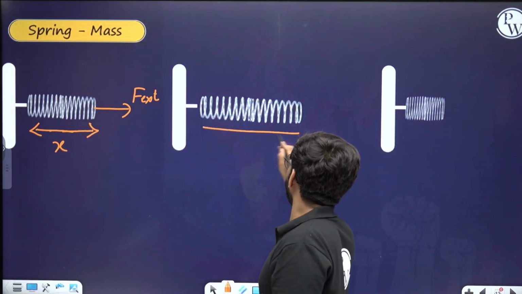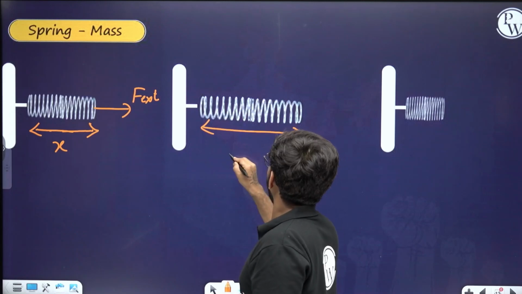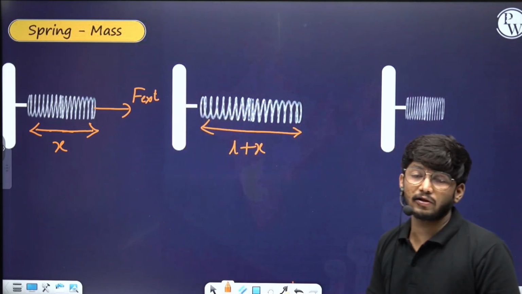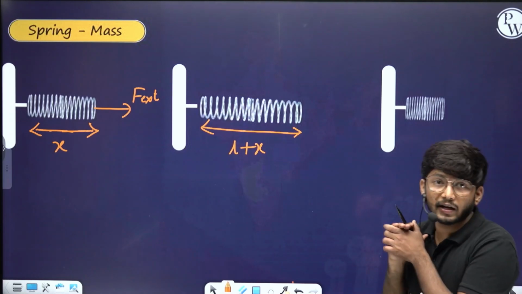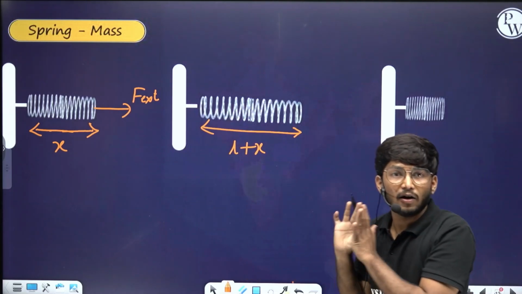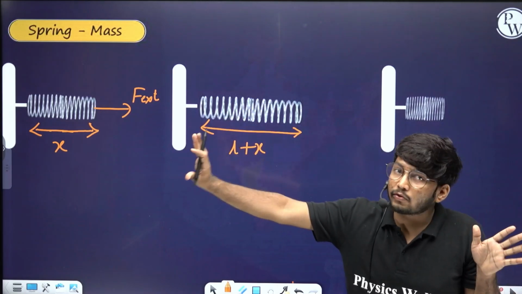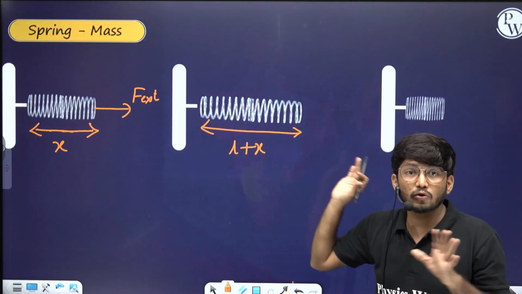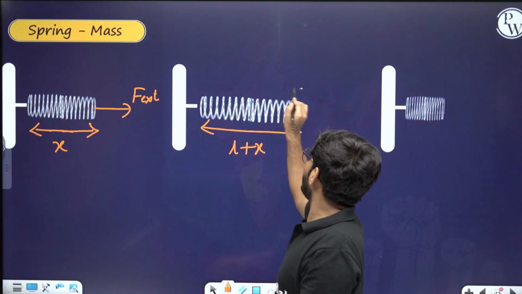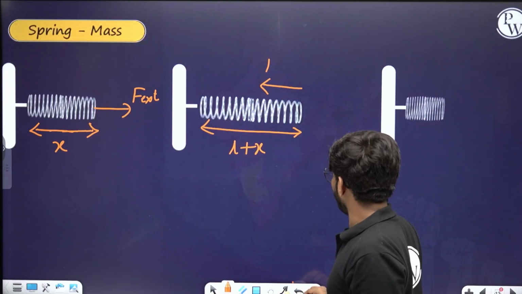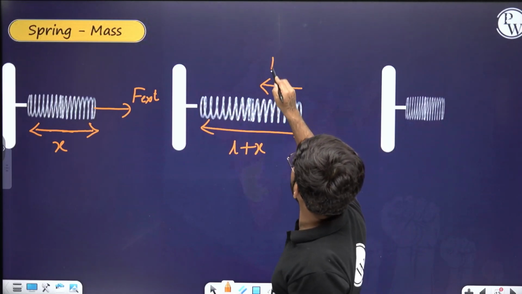In that case, its length will become L plus x. The moment I take off this external force, what happens? The spring wants to go back, right? The spring that was stretched, the moment I leave it, it wants to go back. So for it to go back, there has to be some force in this direction, right? That force is what we call the restoring force in the spring.